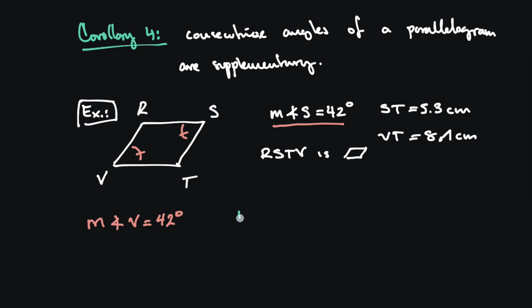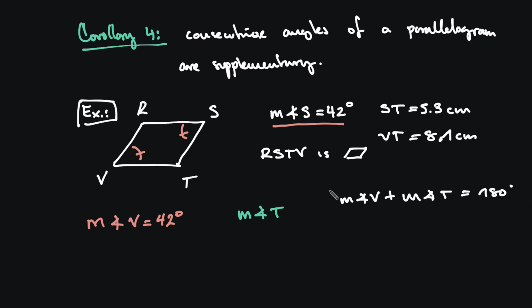What if I ask you to find the measurement of angle T, right? We already know that consecutive angles of a parallelogram are supplementary, and these two are consecutive angles. So the measurement of angle V plus the measurement of angle T will be equal to 180 degrees because they are supplementary.